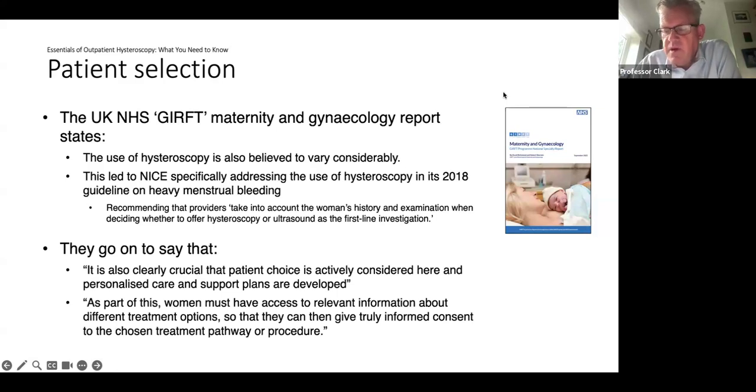What is important, and I'll come on to this a bit later about pain control, is that whilst I advocate outpatient hysteroscopy and the majority of women will find it acceptable and prefer this mode, and we know that from published data, it is very important patients have choice. Patients aren't coerced into an outpatient procedure. They have to understand the procedure. We'll come on to counselling, but they should be offered a choice. And if they prefer to be admitted to hospital to have deeper sedation or general anaesthesia, for example, then that should be accommodated.